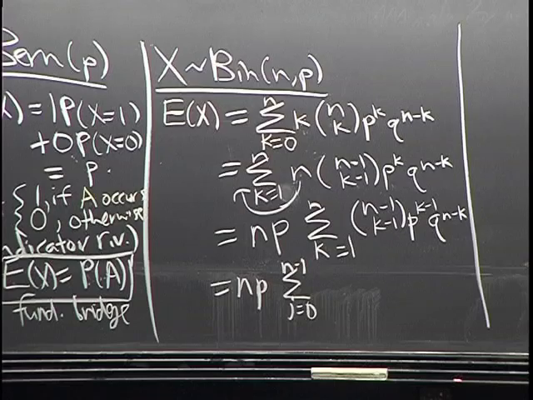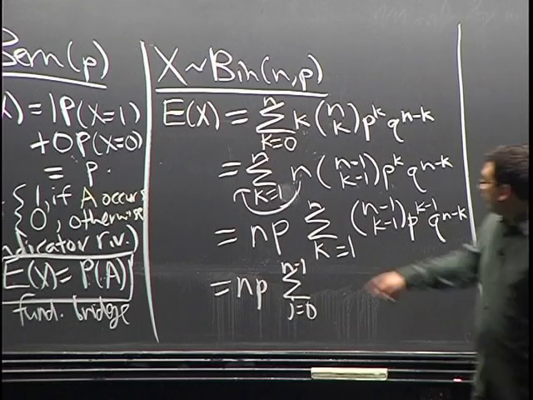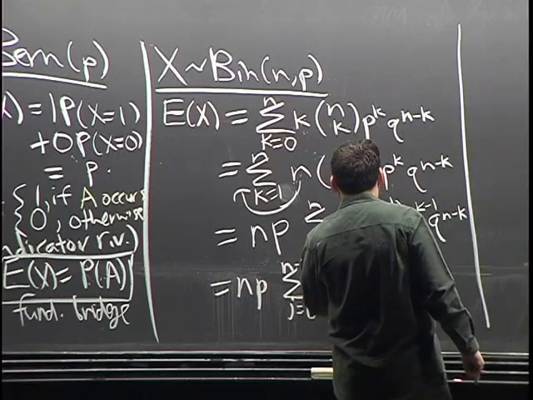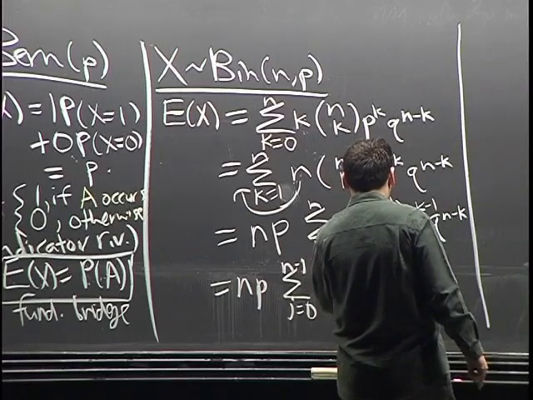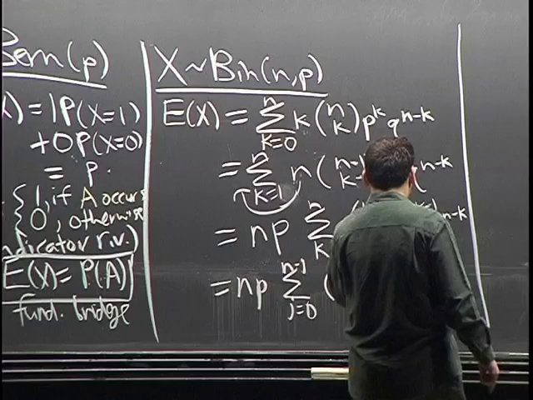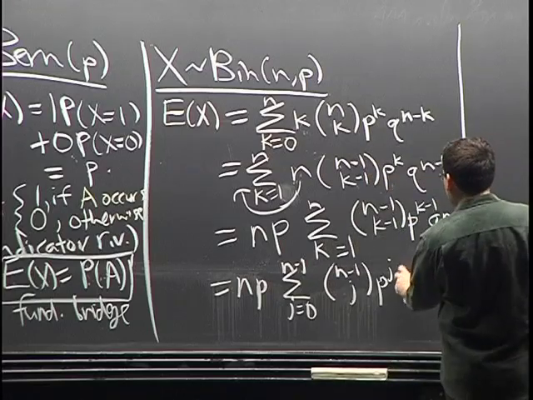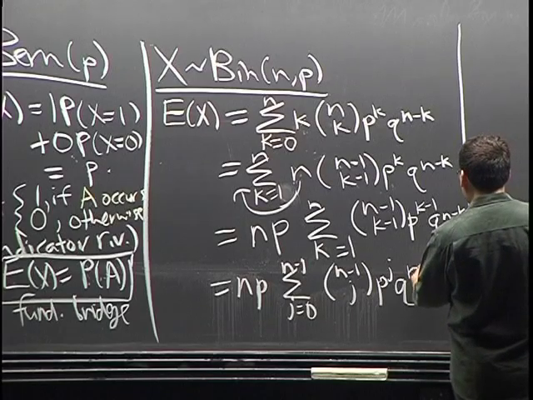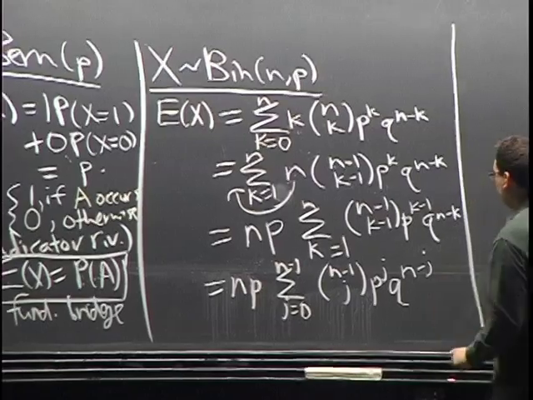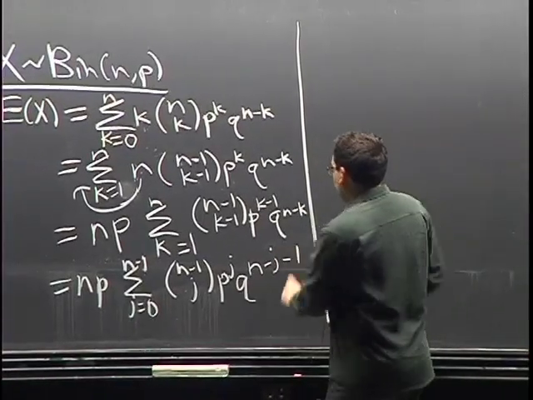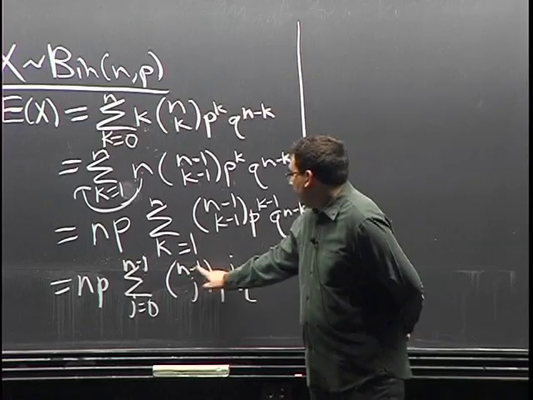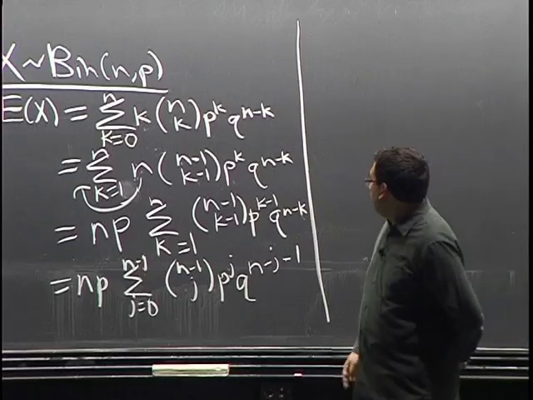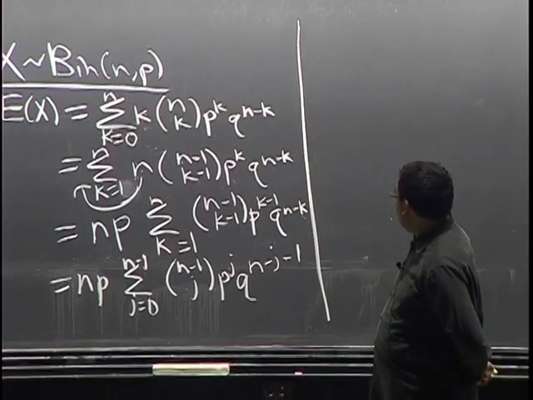So now it's going up to n minus 1. k minus 1 is j, so that's n minus 1 choose j, p to the j, q to the, and then the total of these exponents has to be n minus 1.